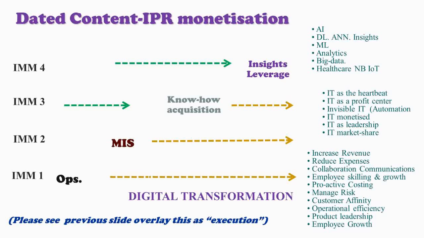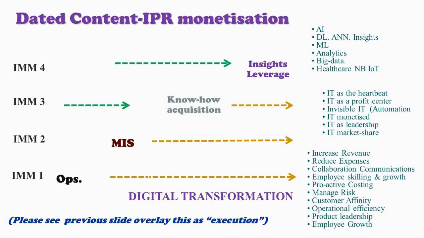So if you look at the bottom right-hand corner, you're trying to increase revenue from your IT expenditure, your ops, your information technology maturity. You're trying to reduce expenses. You're trying to achieve collaborative communications amongst all your staff, maybe between your suppliers and customers. They still are a part of ops. You're trying to see if your employees can be more effective, more productive, efficiencies, skilling them, growth, retaining them, because there's a high cost of bringing in new people.